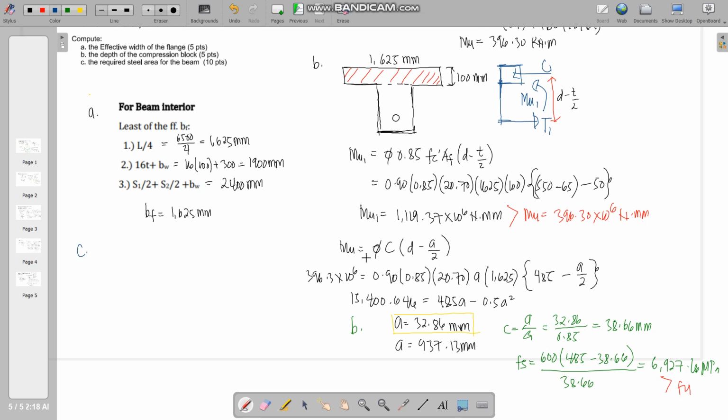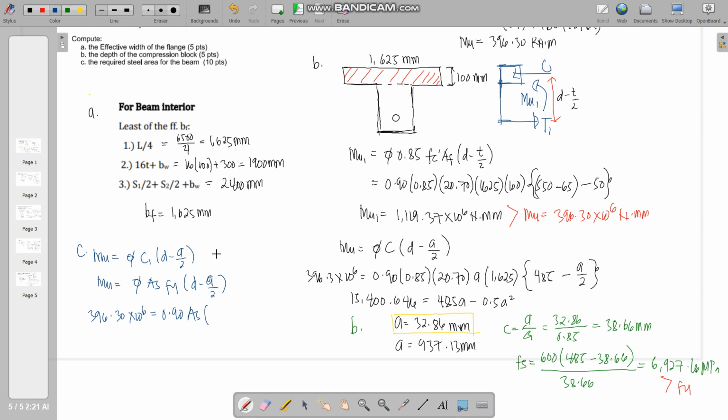Now moving on for the steel area. We just have to stick to this formula similar to the singly reinforced rectangular beam. So in here, As is unknown, so we're going to adopt the formula of Mu in terms of As. We substitute. So the unknown is As in here.